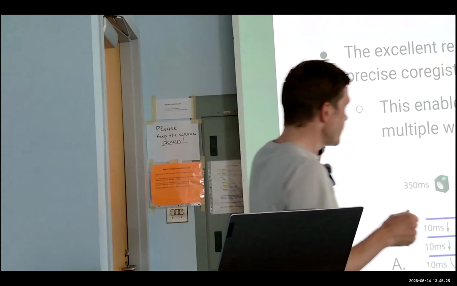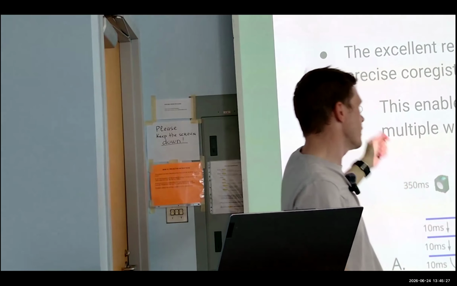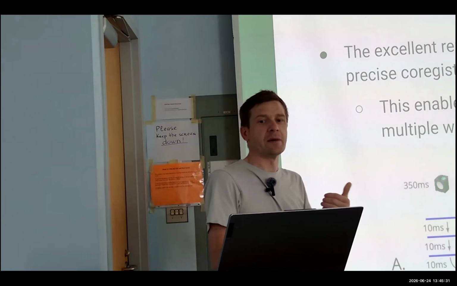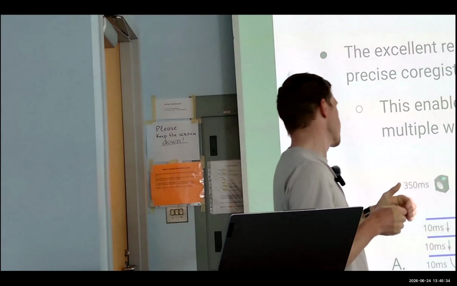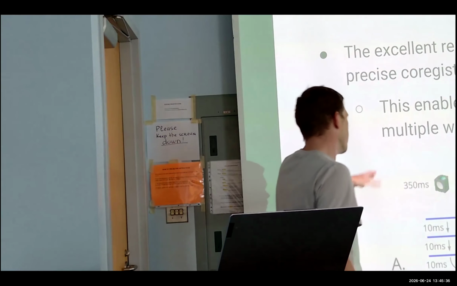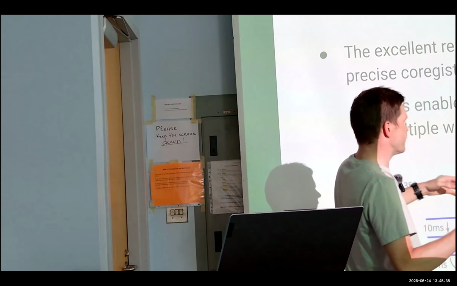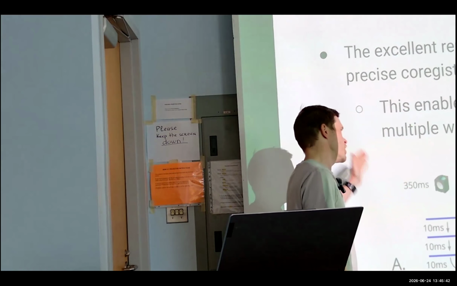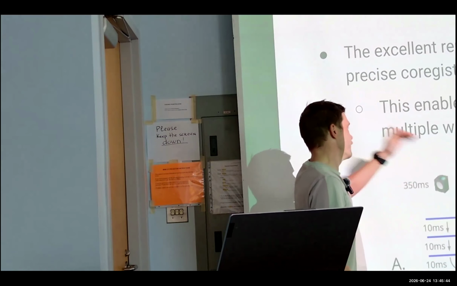The point I want to make here is really about the order of operations and how it can have a really big impact on your total scanning time. What I'm showing here is that with our standard filter cube changer, it takes 350 milliseconds to change a filter.